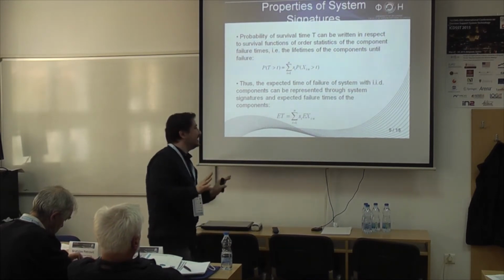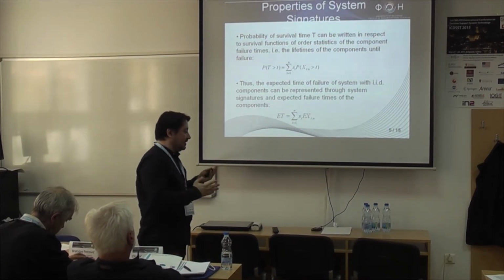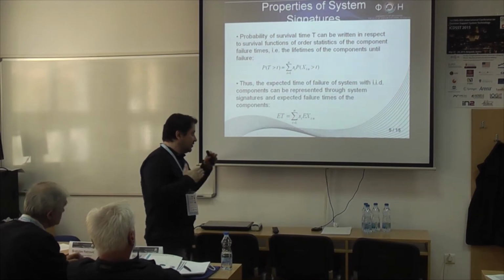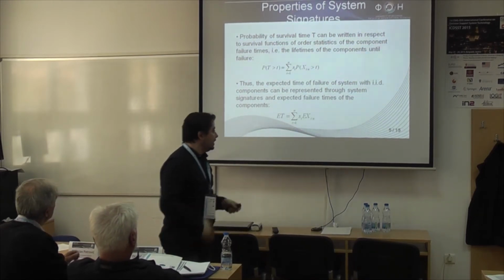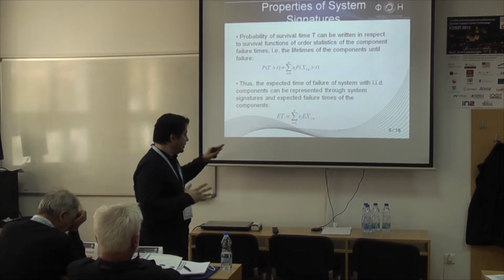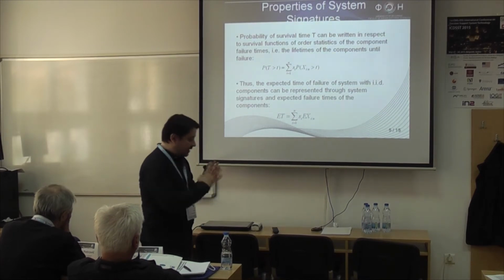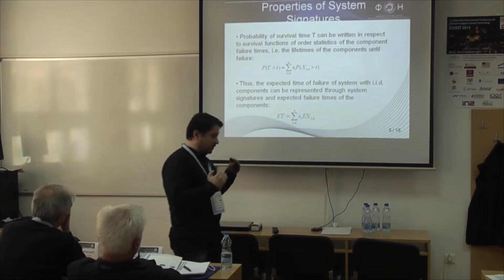I don't know if I explained this well, but basically we could assume, as seen by the next equation, that the sum of signatures and expected times of failure is equal to the expected time of failure of the whole system.